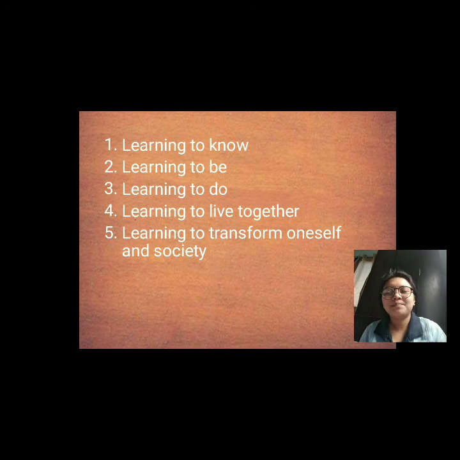Learning to live together, accepting all people, either their religion, culture, or their status in life. Learning to transform oneself in society: no to gender discrimination, integrating a sustainable lifestyle for ourselves and others, being respectful of the earth and living in all its diversity, promoting democracy in a society where peace prevails. Those are the 5 pillars of learning.